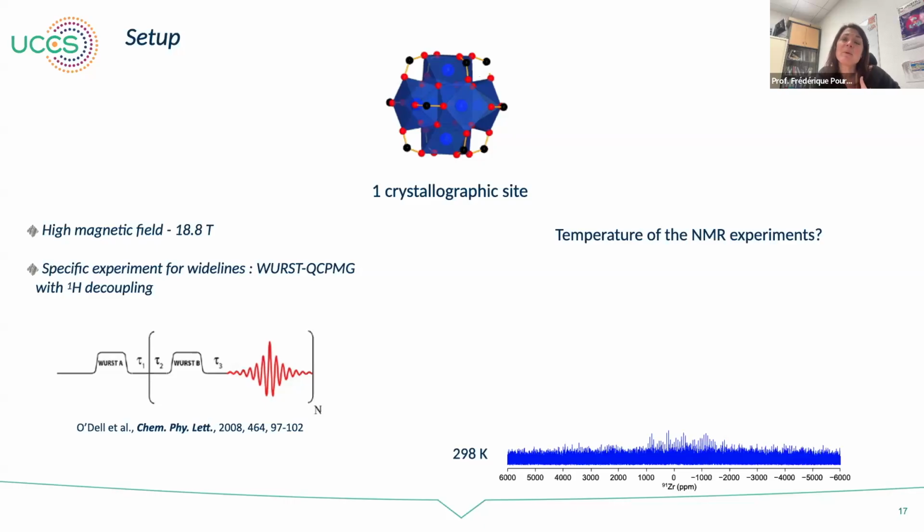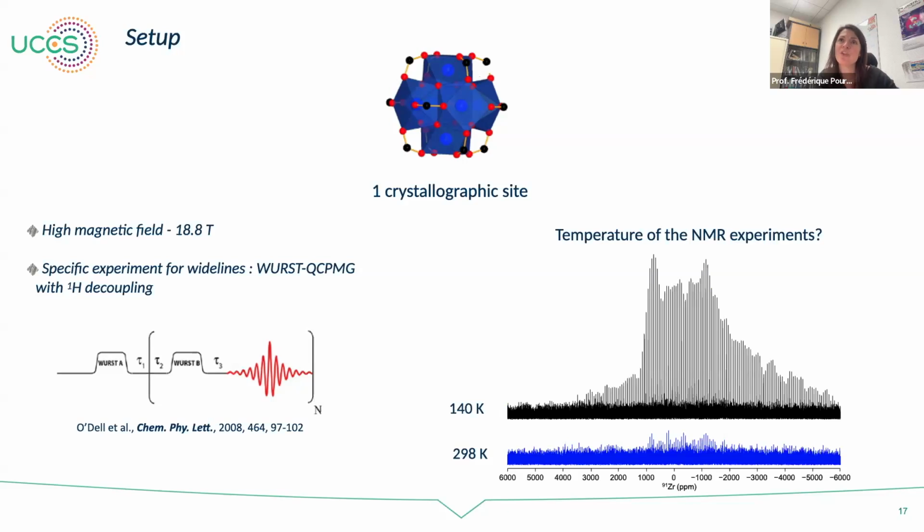So we thought that maybe the problem was the mobility of the systems, and to reduce it, we ran the experiments at 140K, and in 24 hours we had a huge difference in the signal-to-noise ratio. So all the experiments that I will present today regarding zirconium-91 were recorded at 140K.